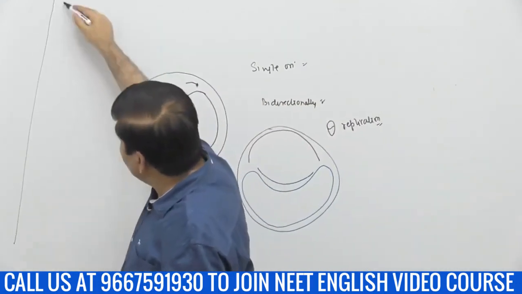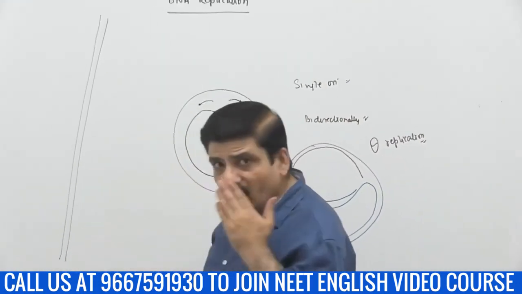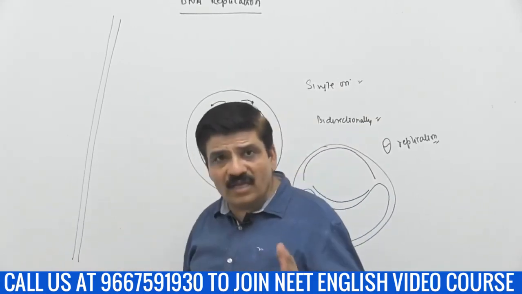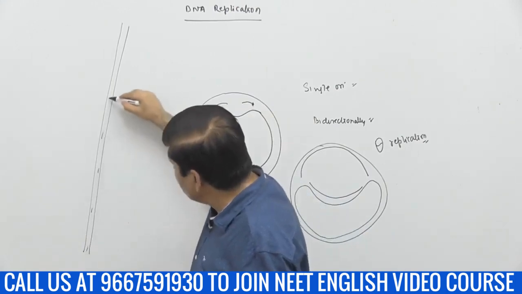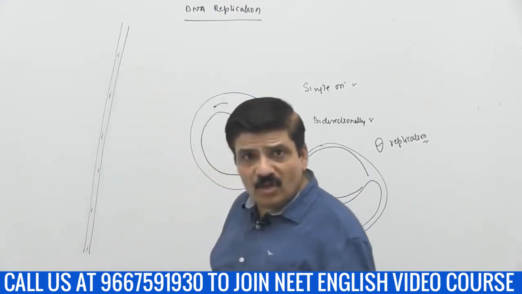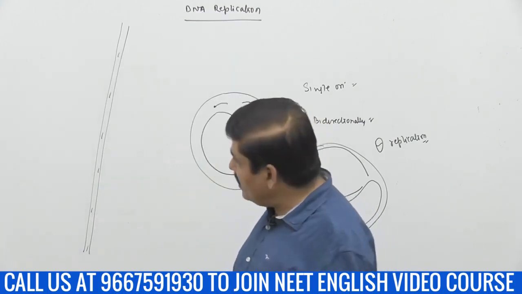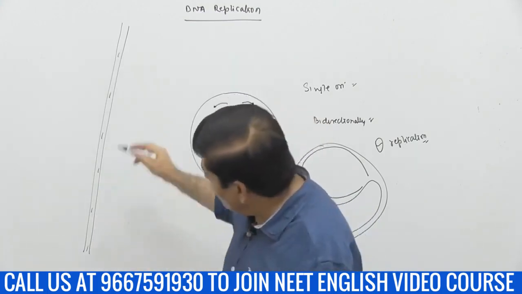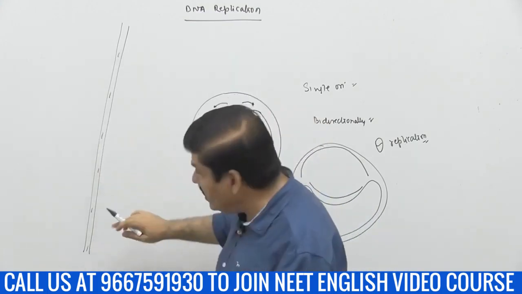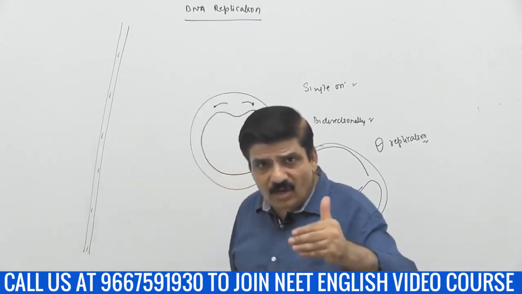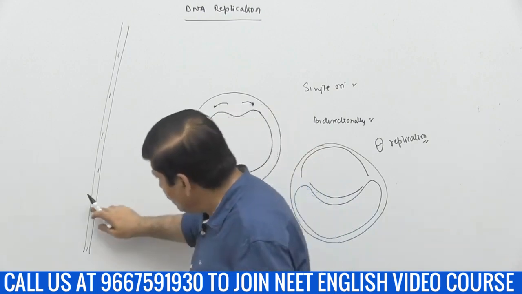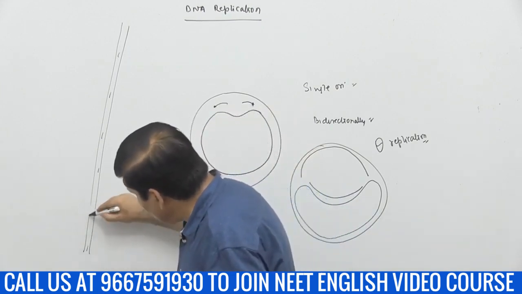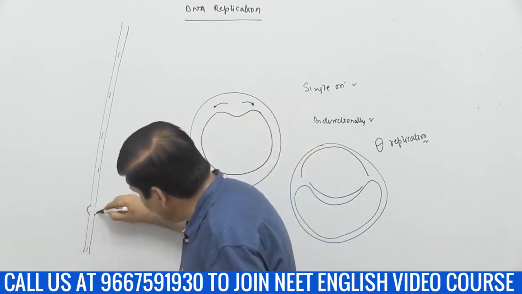DNA is very long in eukaryotes, and therefore a single ori will not suffice, so there would be multiple oris. There are multiple ori in eukaryotic DNA, and again the replication fork will move bidirectionally. If you were somehow able to see a living cell replicating its DNA, you would see some bubbles being created.